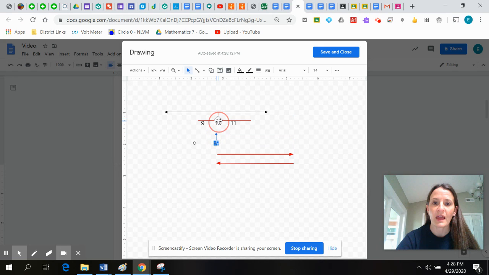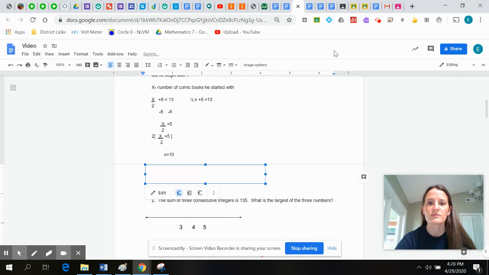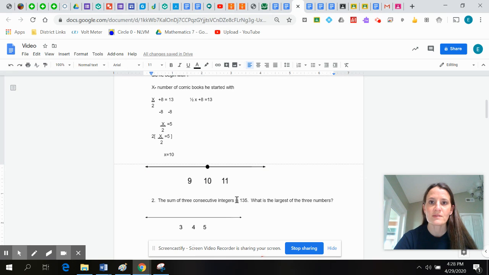So that means we're going to have a closed solid dot over 10. And then I don't need the rest of this, so you can delete it. All right, there's your number line. Save and close. So we have our solution on the number line. We have our algebraic model. We've defined our variable. We have a solution. We have the steps to get x.